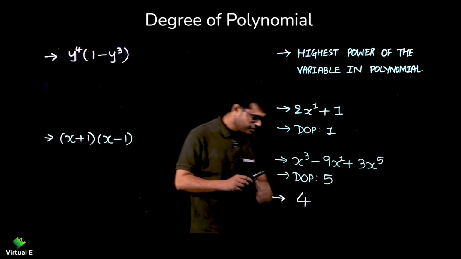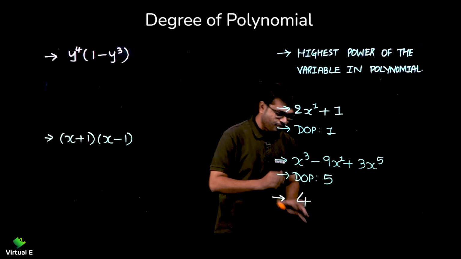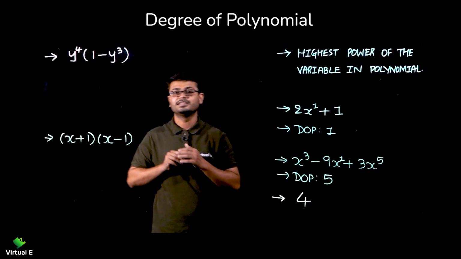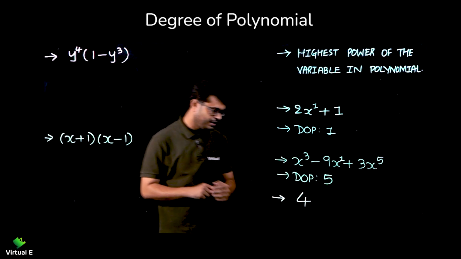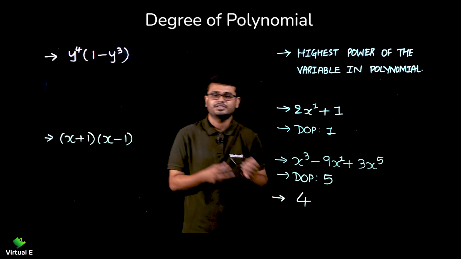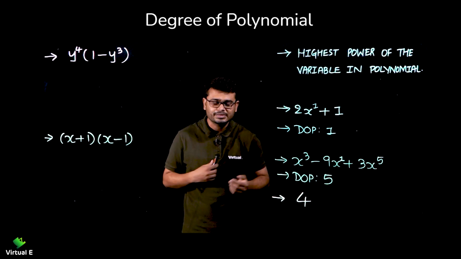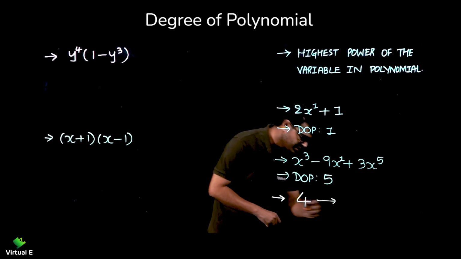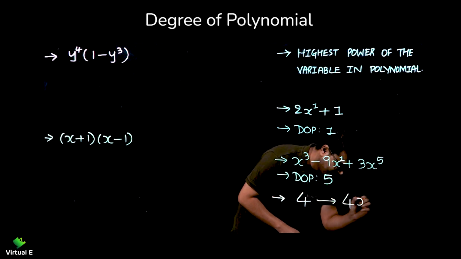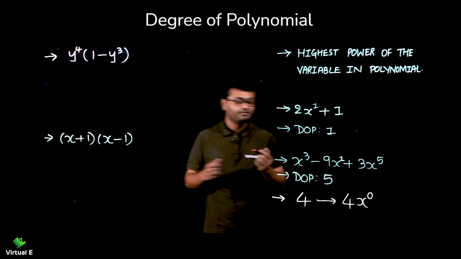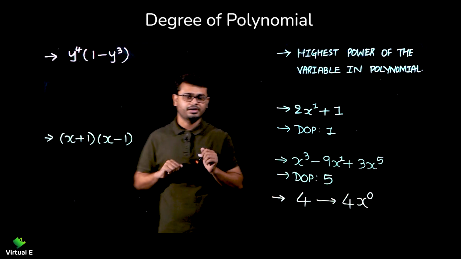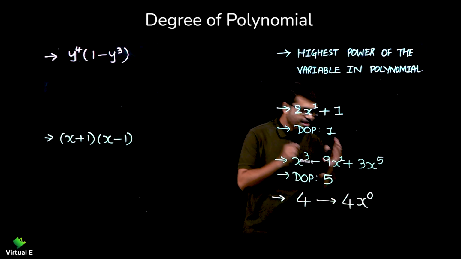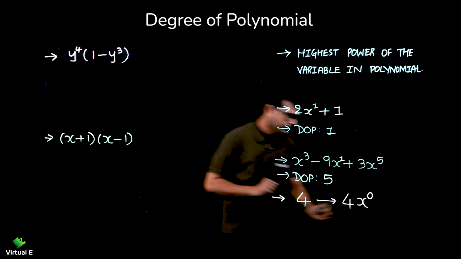Now, an interesting question about 4. What is the degree of polynomial in this case? This is very interesting, right? So how can we identify? Is it 1, 2, 3, 4, 5, something like that? Okay, now see, we can consider this 4 as 4x raised to 0. Why am I writing x raised to 0 over here? Now we know that whenever 0 is in the power, the answer is always what? 1, right?